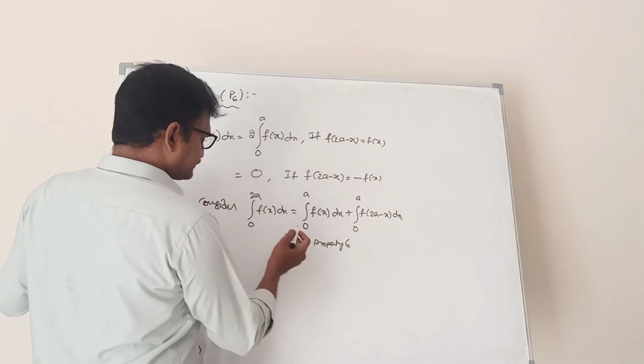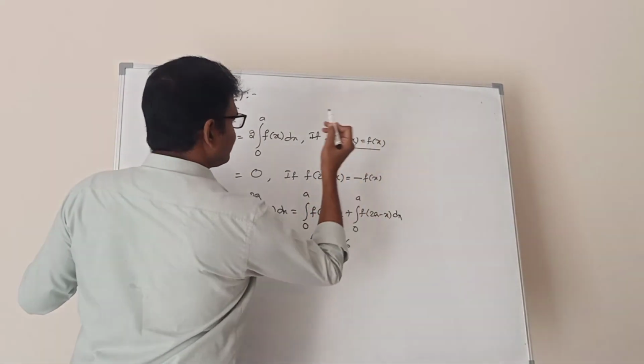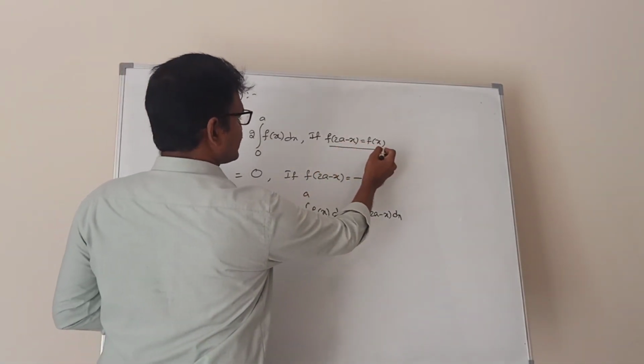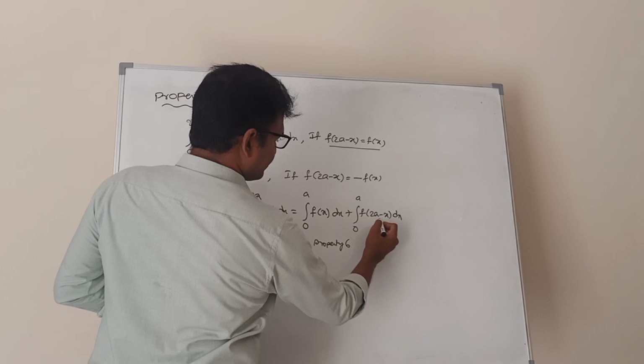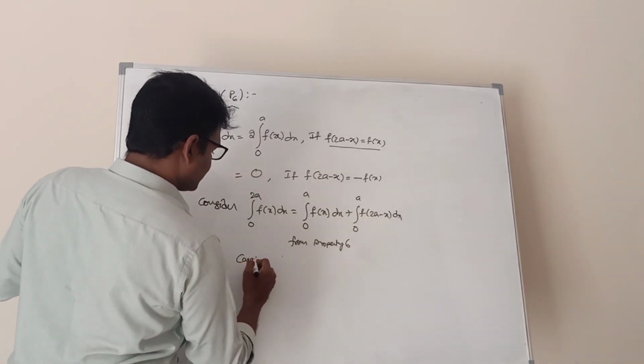Next, in this, what condition is given? If f of 2a minus x equals f of x, I am taking case 1.